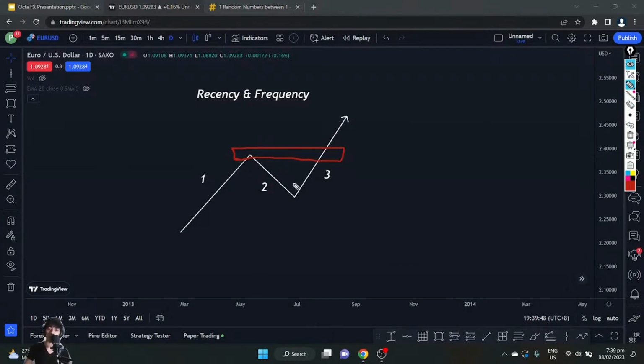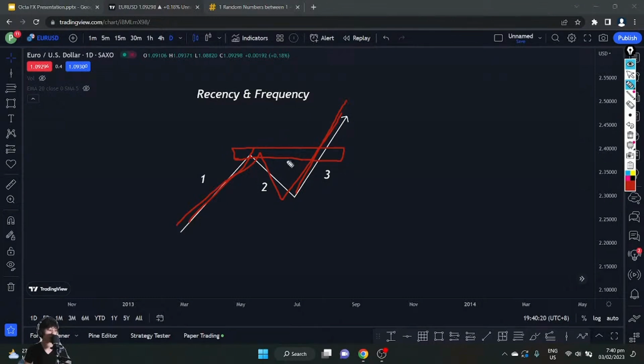Again, we have 1, 2, 3, then the price was able to break this previous high, again, our one move. So this is our one move, right? Then the price breaks it with our three move, with our third leg. So do you think this is the most recent, in Tagalog, pinakabago? Do you think this is the most recent level on the chart? What do you think?